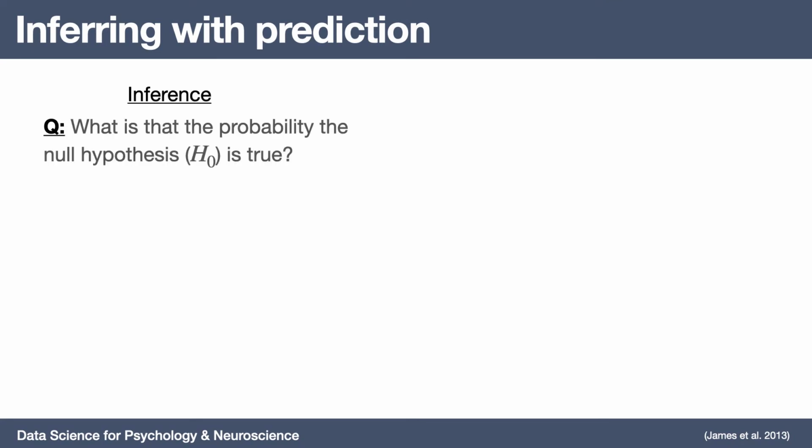Let's think back to the idea of using statistical models to infer relationships between X and Y. In inference questions, you typically ask, what is the probability that the null hypothesis is true?